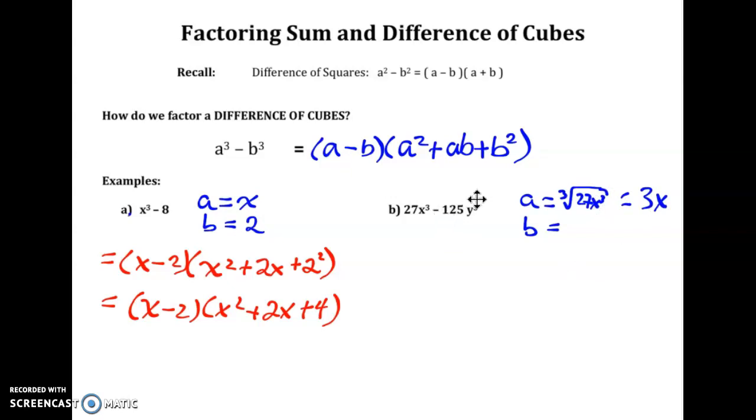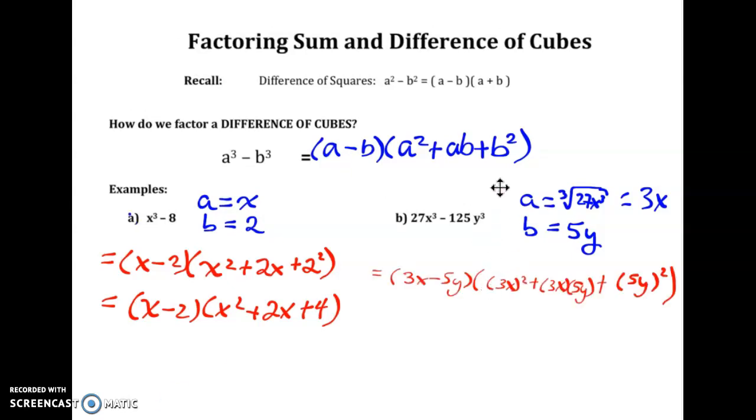And similarly, we're going to take the cube root of 125y cubed, and that would give us 5y. And now that we know what our a and our b are, we're just going to sub those into this pattern. So take a minute and give that a try, and then unpause the video again to see the answer.